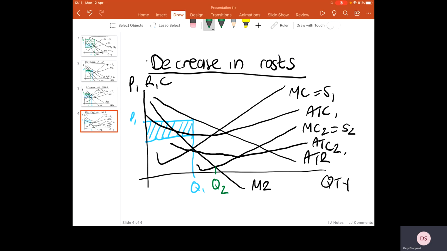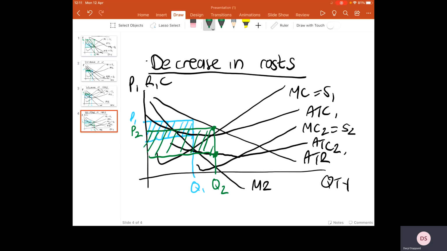So we see output will grow, the price will fall, and then the gap between the ATR and the ATC would show us the area of supernormal profits. Okay, and we can see this time, the way that I've drawn this diagram, the area of supernormal profit will start to increase.